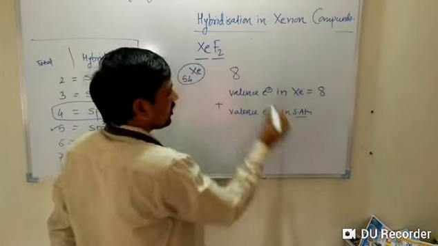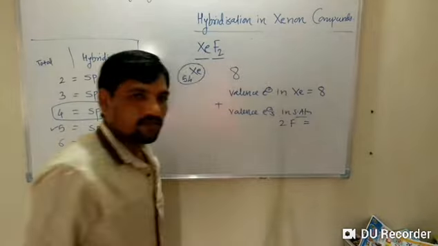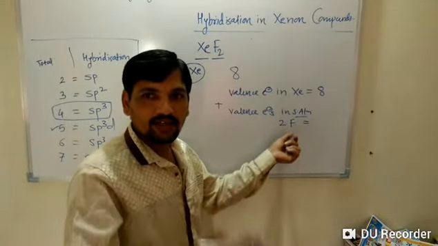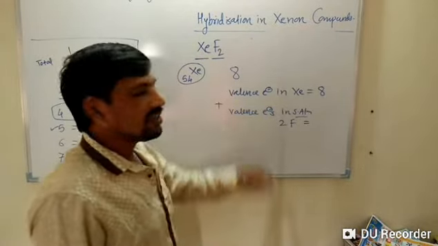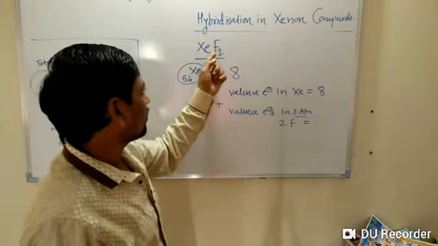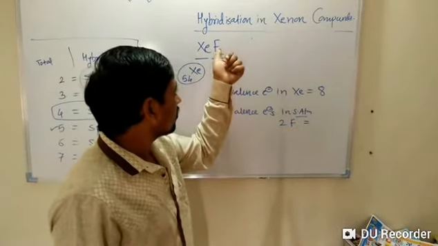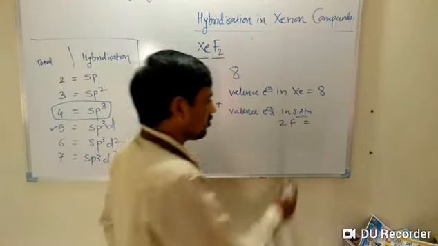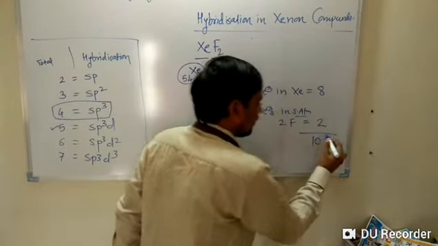How many surrounding atoms? There are 2 halogen atoms. What is the valency of the halogen? Actually its valence shell electron count is 7, but only one electron can be shared with xenon. So one halogen has one valency, so 2 halogens means 2. 8 plus 2 gives 10.